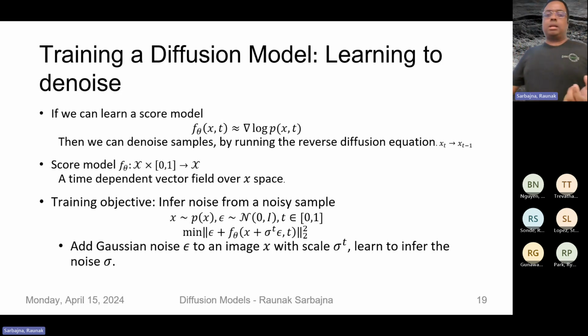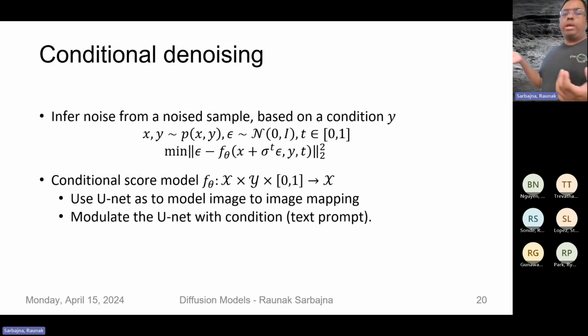So for that purpose, we have some forms of conditional denoising based on some condition y that can be controlled, whether it's text labels, or weights given, like weights in the training sample. There can be many different kinds of conditions for conditional denoising, but it has to be added, right?